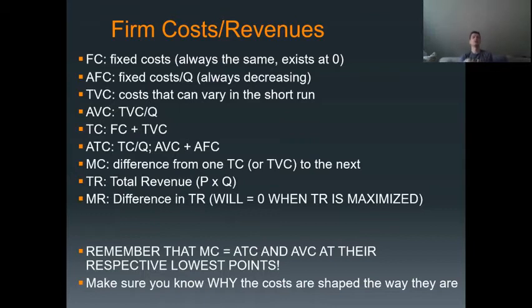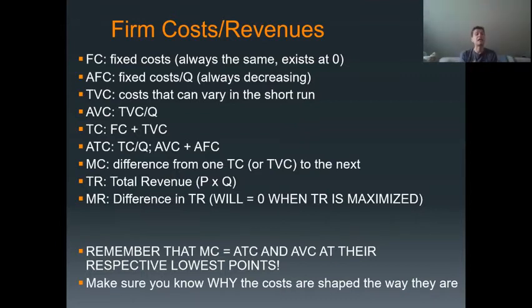Total variable costs are the costs that are associated with variable inputs, just as fixed costs were the costs associated with fixed inputs, which tend to be things like your mortgage or rent or things like that that aren't going to change in the short run. Variable costs can change in the short run because they are associated with variable inputs like labor. So these will be continually increasing.